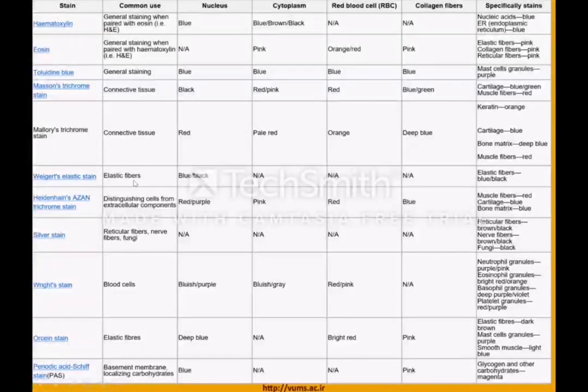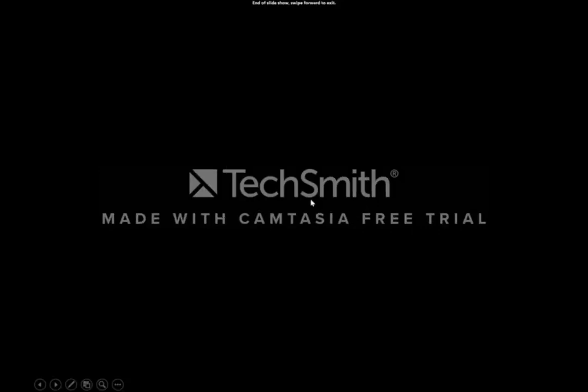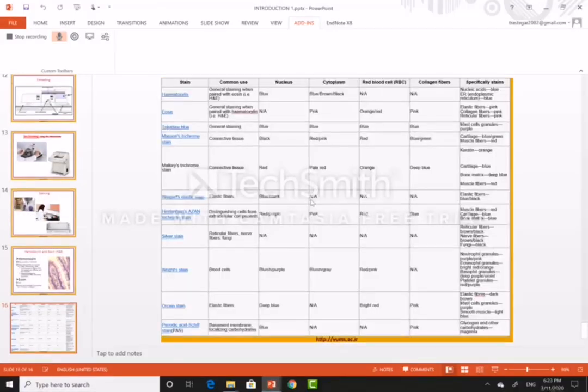Weigert is for elastic fibers or reticular fibers, which are a type of collagen fiber stained by silver stain. Wright is for blood cells, and orcein is also used in different laboratories. All of them are special stains that are done in special procedures.